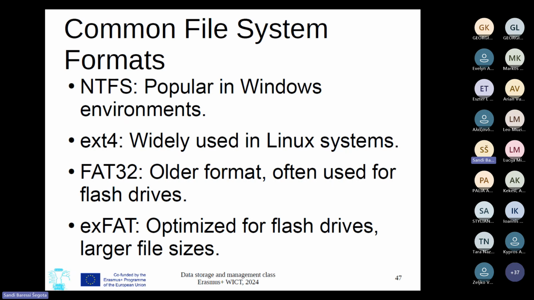FAT32 had an upper limit of 4 gigabytes for file size, which back in the day was so big I don't know what you could store that large, and it would probably take hours to copy and paste anyway. But today, the video of this lecture is probably going to be over 4 gigabytes in size.